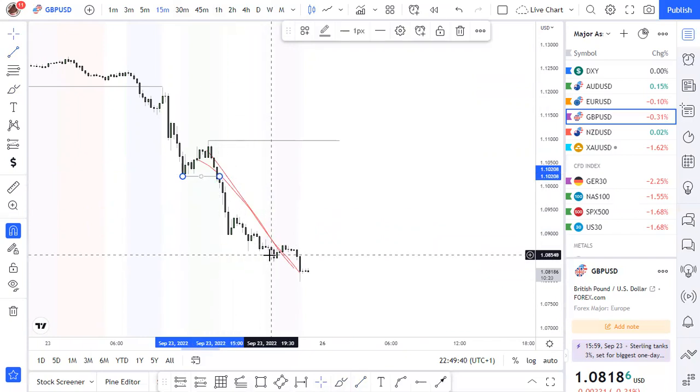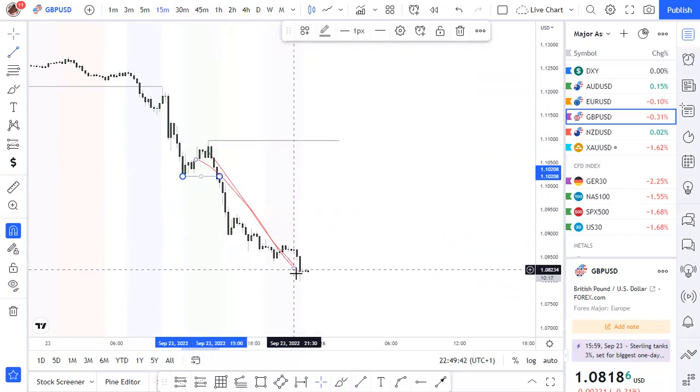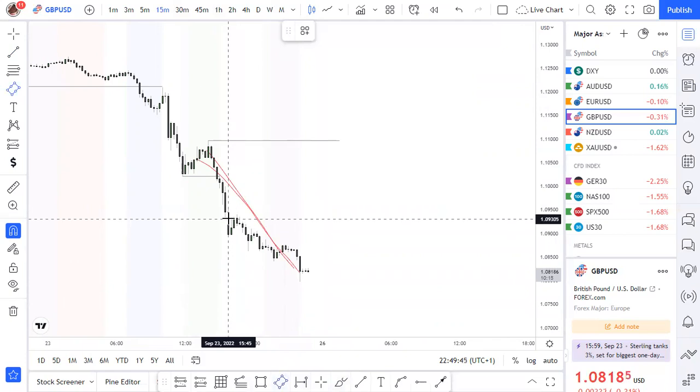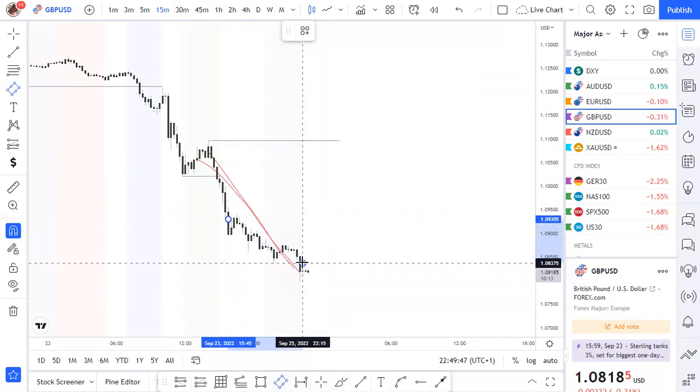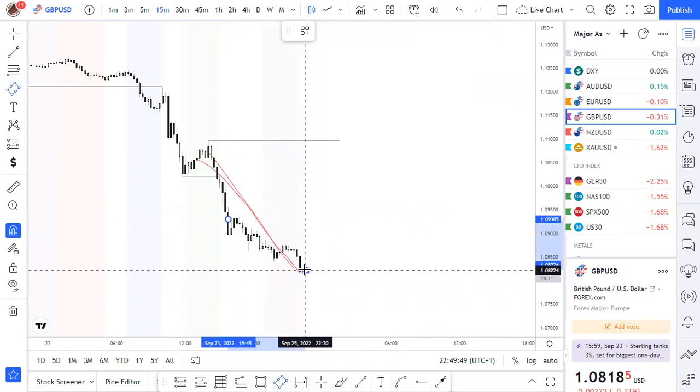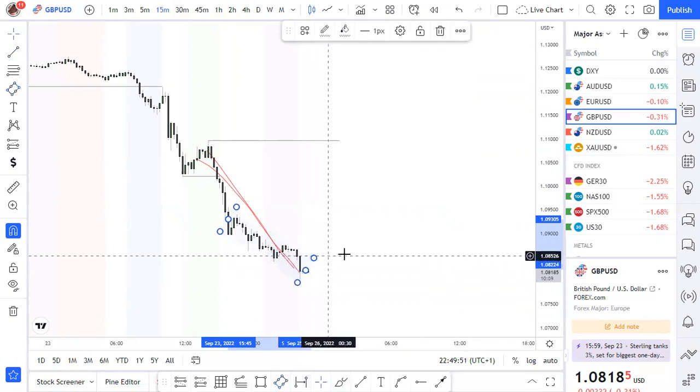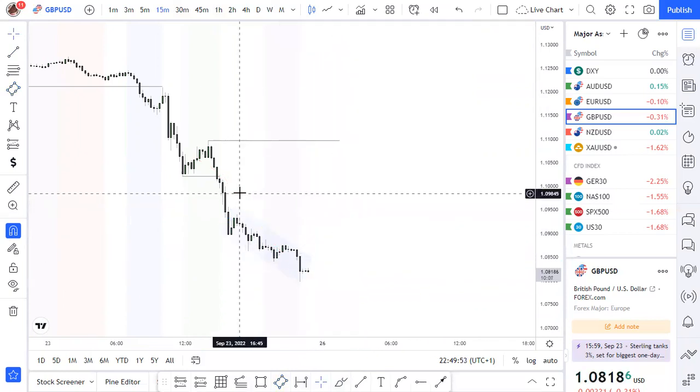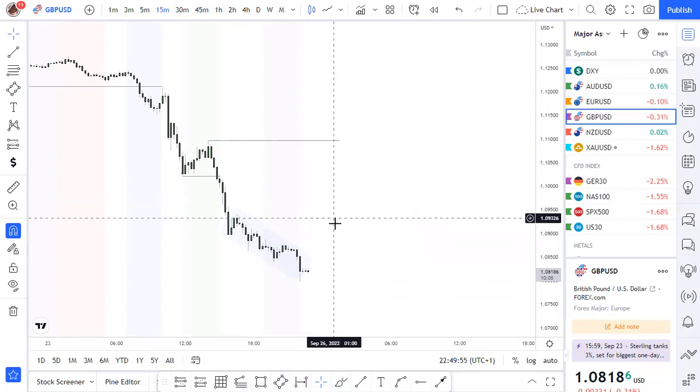So I won't really consider the minor movements here. This is just a range. So that's just how I'm looking at it, and yeah, see how it goes.